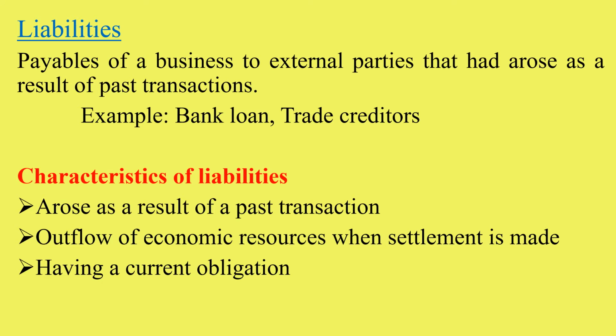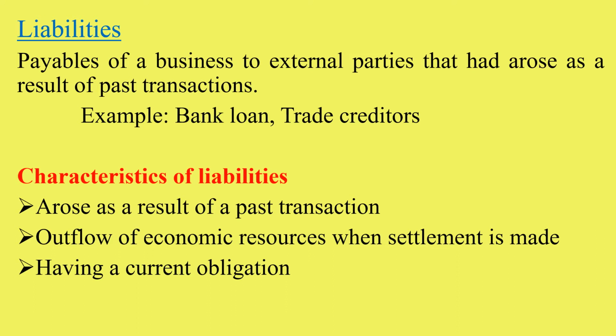So accordingly, there are three characteristics of liabilities. The first one is that it arose as a result of a past transaction. And the second one is an outflow of economic resources when settlement is made. That means you are taking a bank loan today.